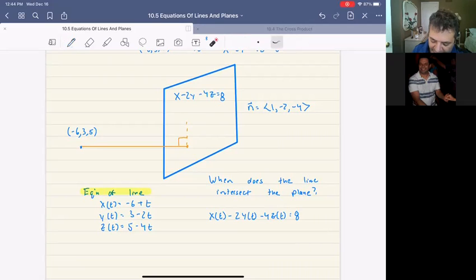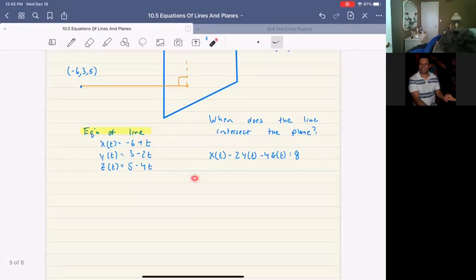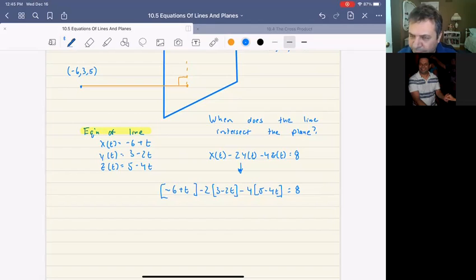We're just going to have the line satisfying the equation of the plane, so just plug that in. We're going to have -6 plus t, minus 2 times (3 minus 2t), minus 4 times (5 minus 4t), that should all equal 8. So let's solve for t.